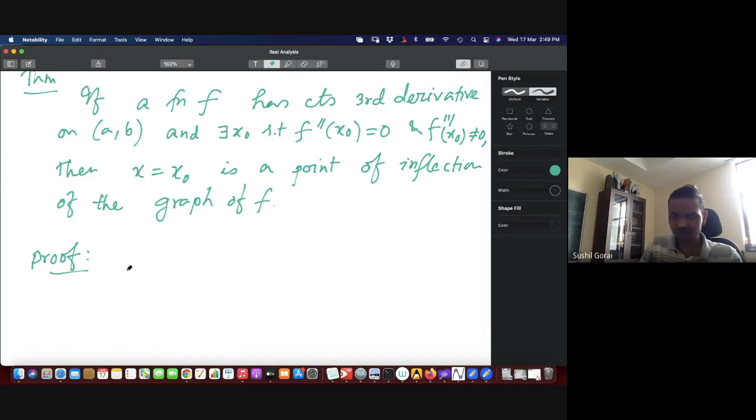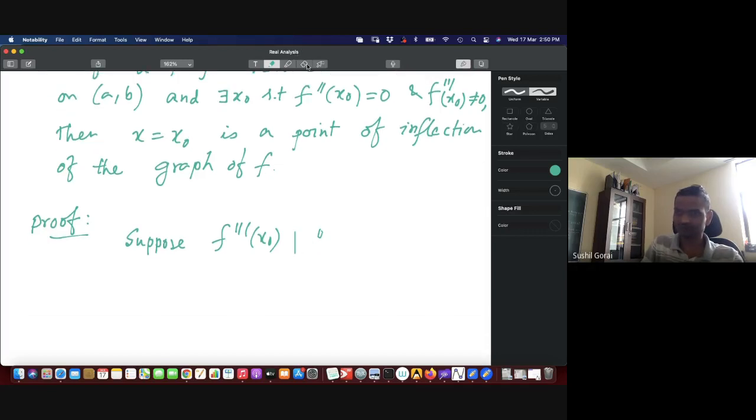So assume for the time being, suppose f triple prime x naught, the third derivative, is greater than 0.